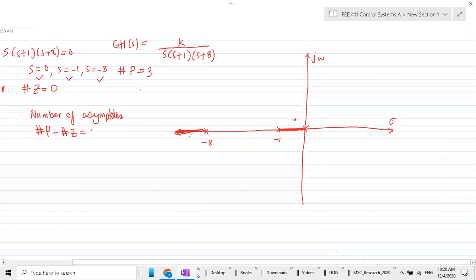So how many poles do we have? We have 3. How many zeros? We have 0, we have nil zeros. So the number of asymptotes is 3.